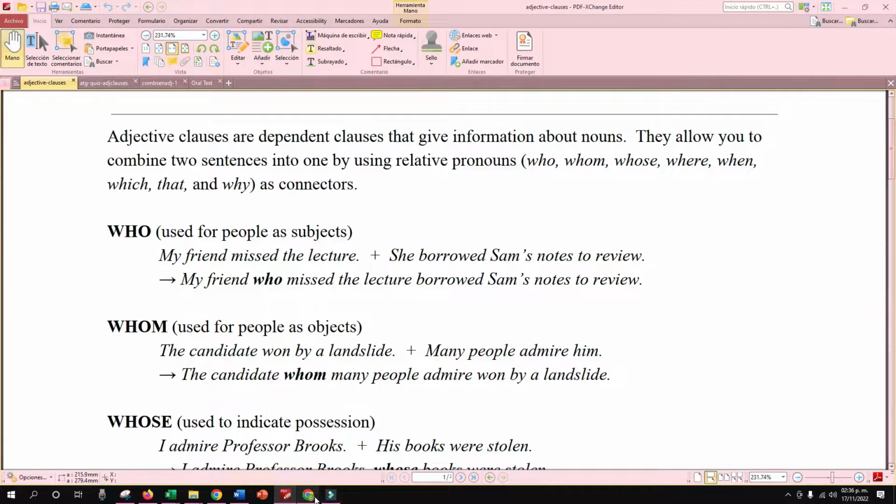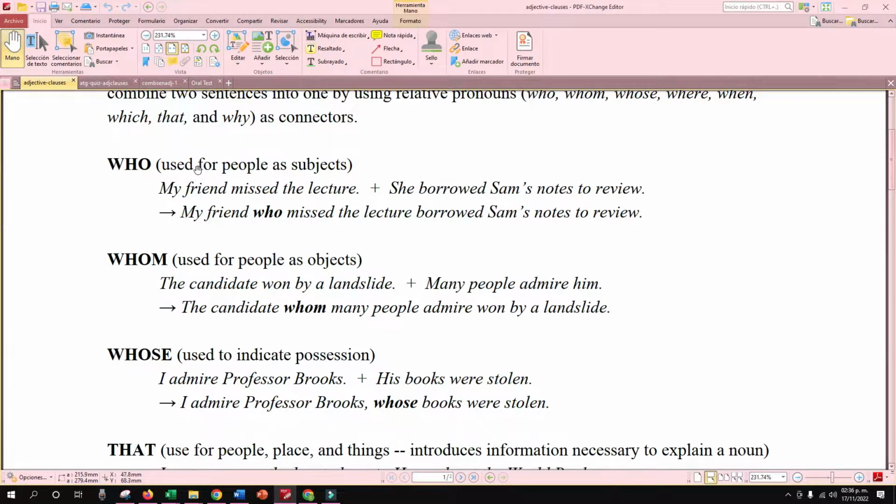So also you have there that who is used for people as subjects. For example, my friend missed the lecture. And also you can have, she borrowed some notes to review. What do we need to do to combine those sentences? In this case, a relative pronoun. Who, right?